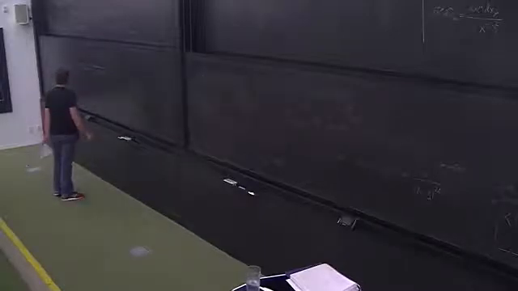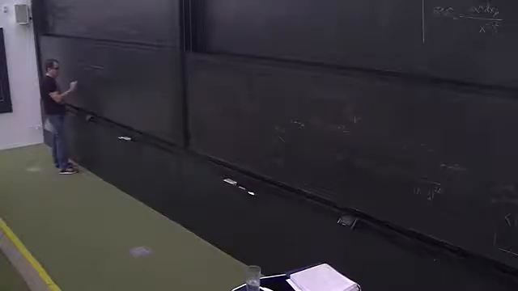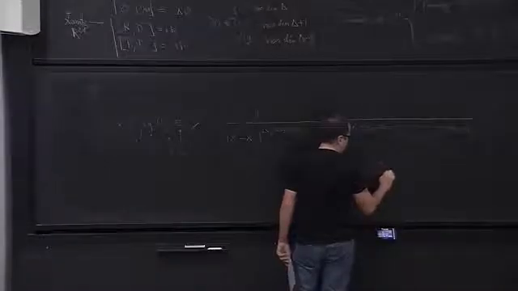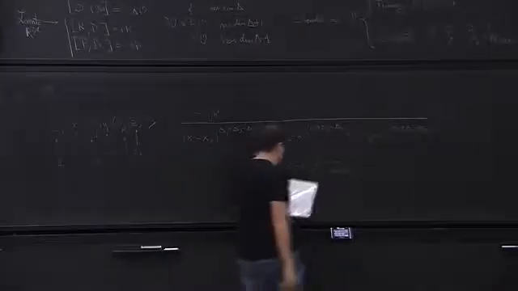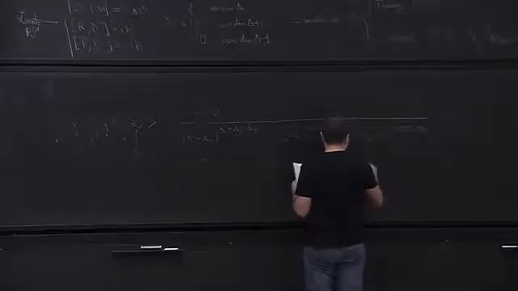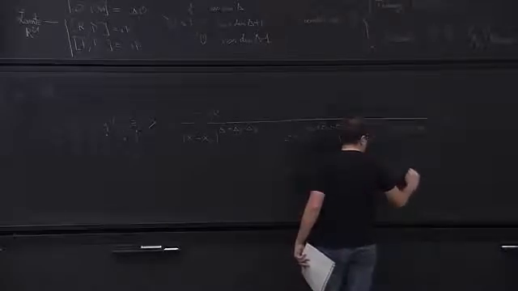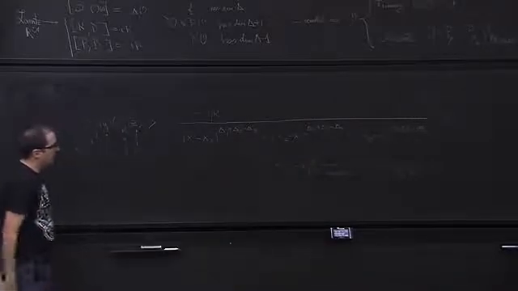Before that, let me just point out that Rij squared, which I define as xi minus xj squared, goes under an inversion, which was something that we implicitly used when we were doing this inversion, to xi minus xj squared divided by xi squared xj squared.